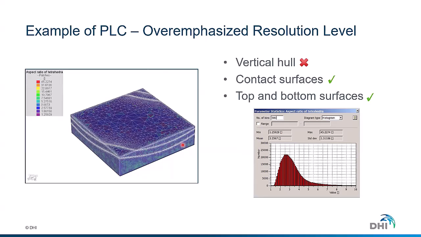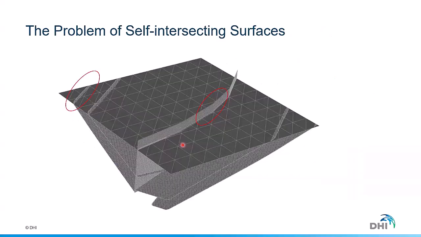This was in the past not possible to control, and now we are working more and more on how to improve these different data sets, because we are very aware that working with third-party software is not easy for the users, and sometimes the software doesn't offer you full control of the export of the different meshes. A very common problem is called self-intersection, which means you have a set of surfaces which are not fitting together.